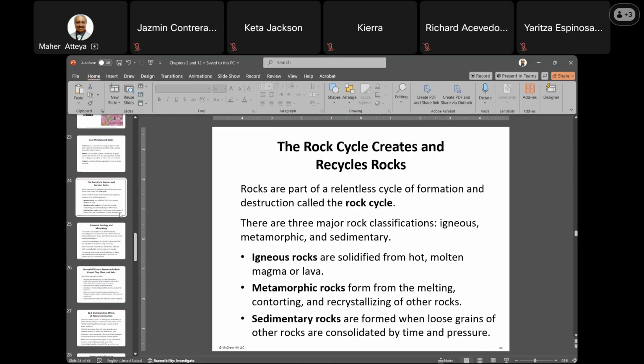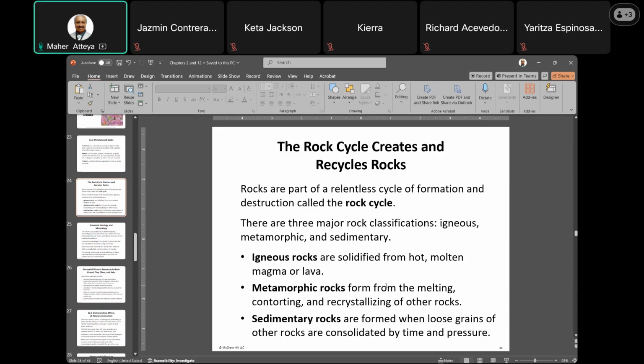So they come here and then the cycle of the rock. The rock cycle creates and recycles rocks. What happens is, as you can see, the rock is exposed to all this climate change and everything, and then over time it will be destroyed. These rocks, as I said, are a composition of many minerals.